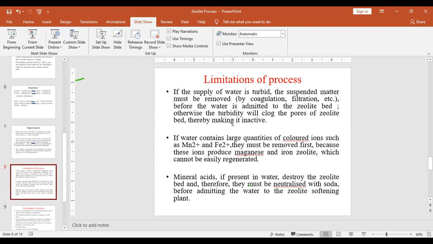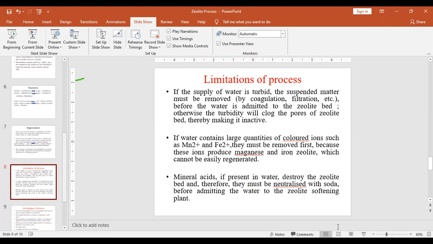Now limitations of this process we will understand. What are the different limitations of this process? If the supply of water is turbid, जर रॉ वॉटर जर टर्बिड असेल, the suspended matter must be removed before it is applied to the zeolite method.